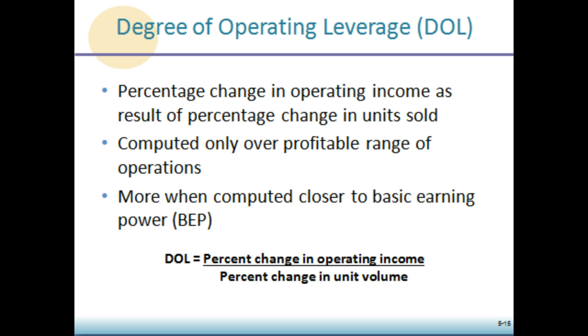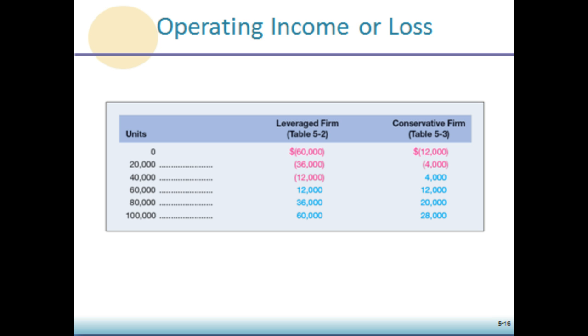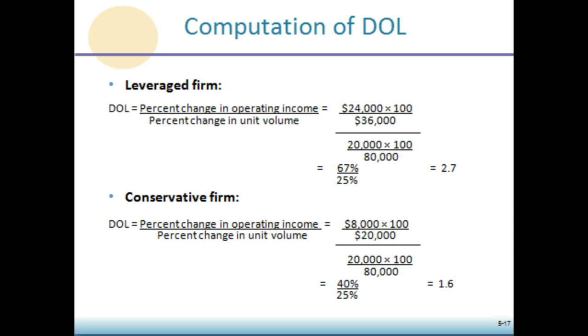And we see the formula on slide 15. Here we see a graphic of degree of operating income or loss. Degree of leverage can easily be computed from the summary data on the leveraged and conservative firm.